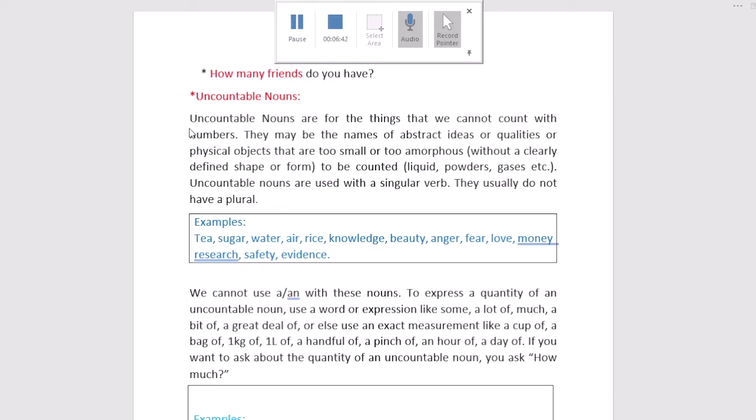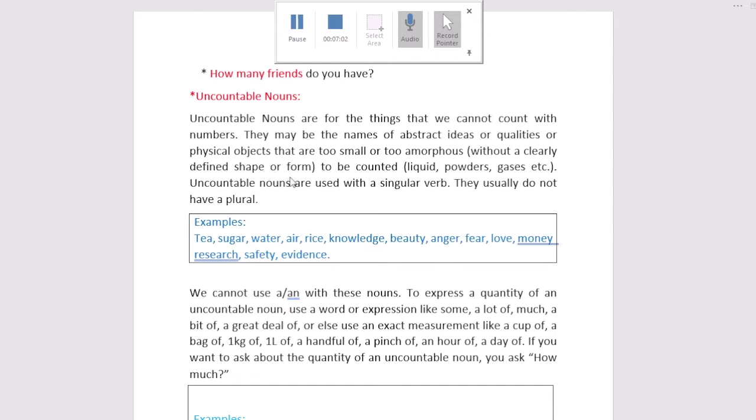Now look at uncountable nouns. Uncountable nouns are for the things that we cannot count with numbers. For sure we cannot count them with numbers. They may be the names of abstract ideas, qualities or physical objects.